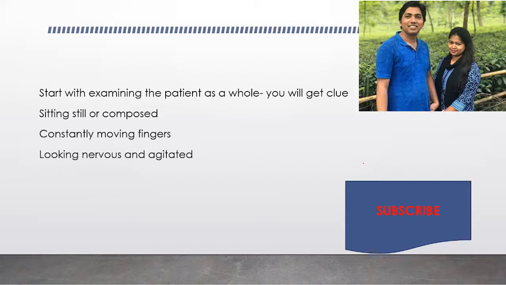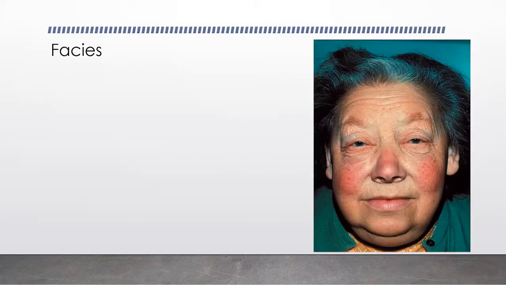He or she may look nervous and agitated, or may be emotionless, or the movement may be slow or ponderous. These clues will guide you to know about the functional status also. So don't miss looking at the clues.